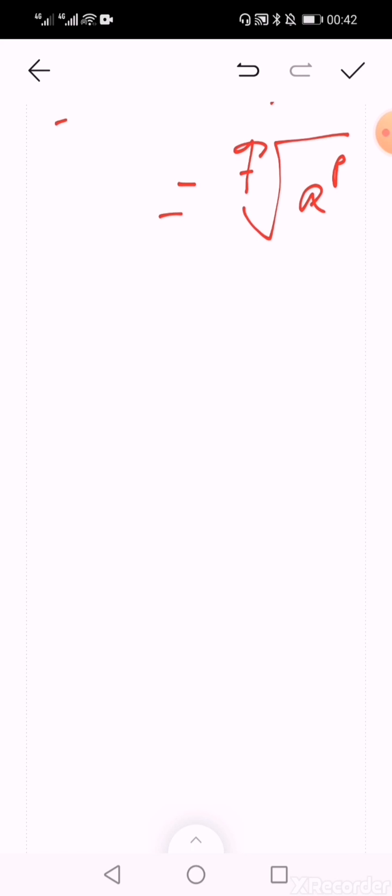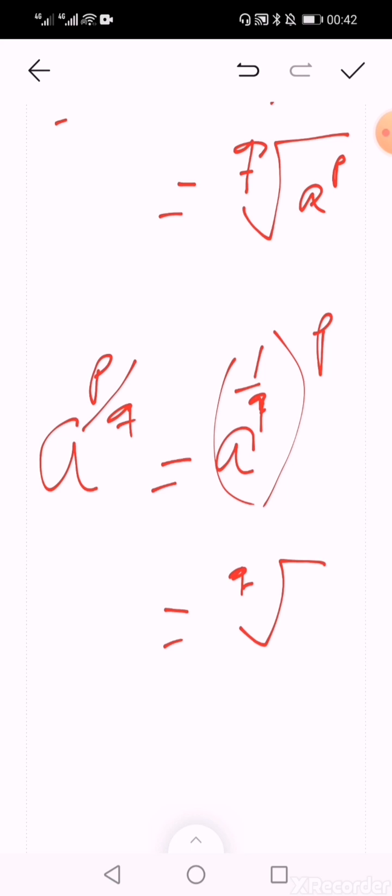Or we can also say a to the power p over q is the same as a to the power 1 over q, to the power p, which is the same as the q-th root of a, to the power p.